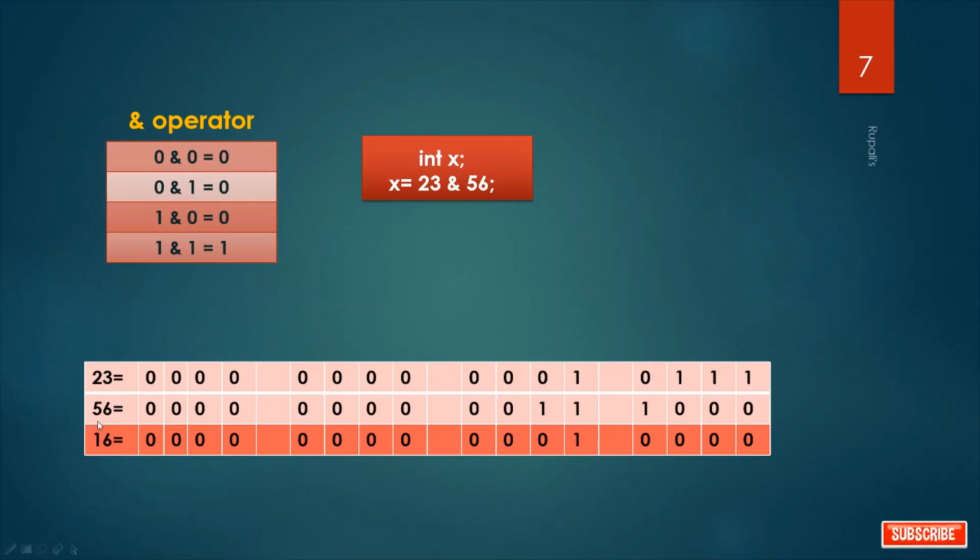Then represent 56 also. And then finally, you have to do AND in each bit. So 0 and 1 it is 0, 0 and 1 it is 0, 0 and 1 it is 0, 1 and 0 it is 0, and both values are 1, so it is 1, and 1 and 0 it is 0. So finally we get the result 16. So the value of x is 16.